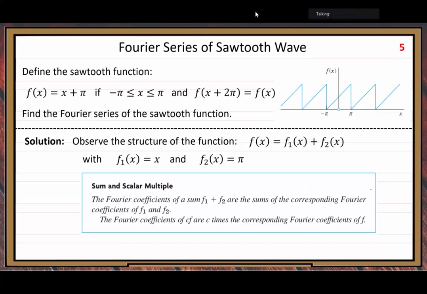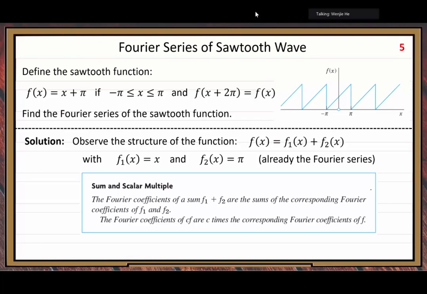So here, let's use this property. Another thing is f2: we do not need to do expansion, because this single term is already a Fourier series. In our Fourier series, we can add this pi on top of a0, the constant term.